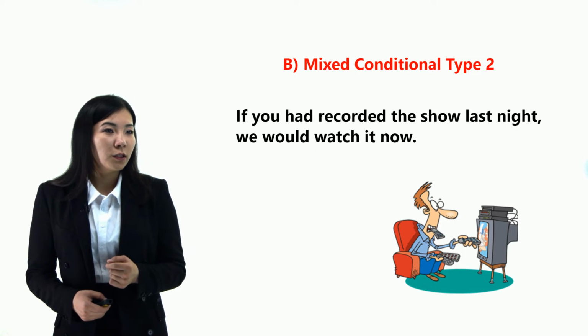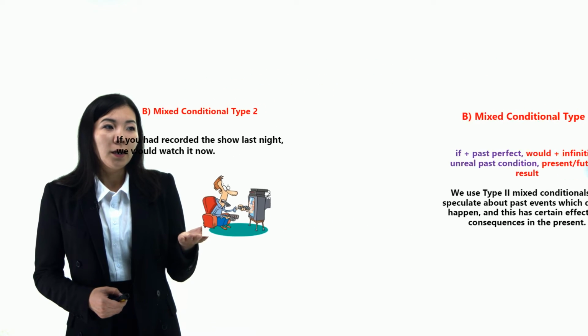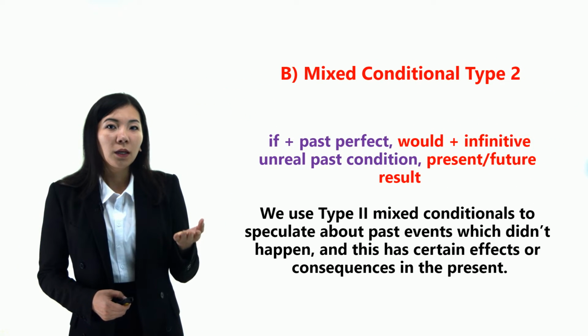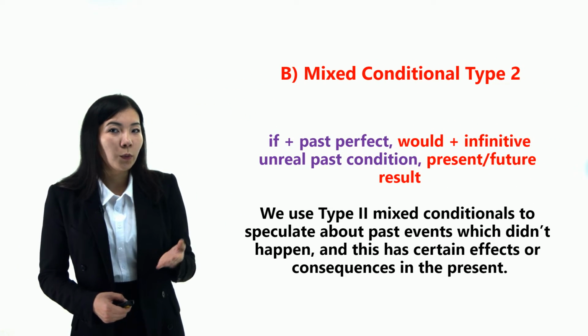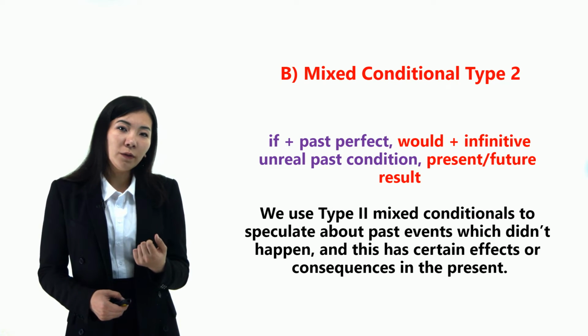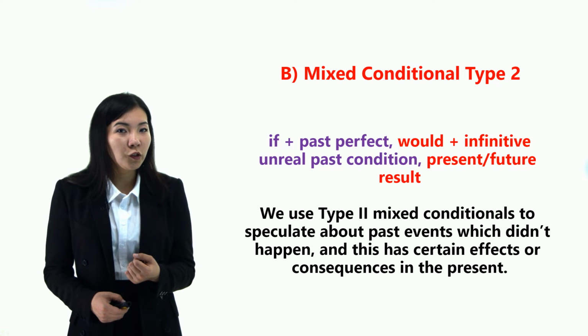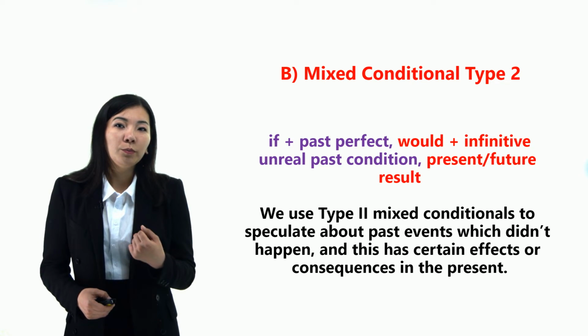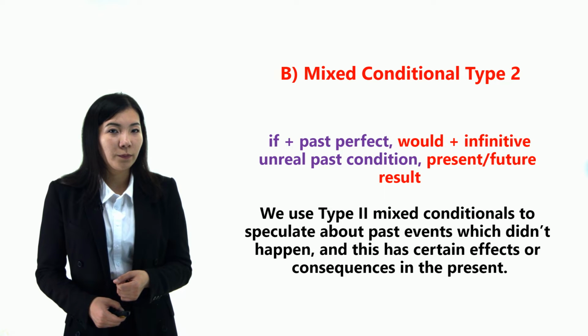In mixed conditional type 2, the if clause is in the past perfect, whereas in the main clause we use would plus infinitive. The if clause refers to an unreal past condition and would plus infinitive refers to a present or future result.